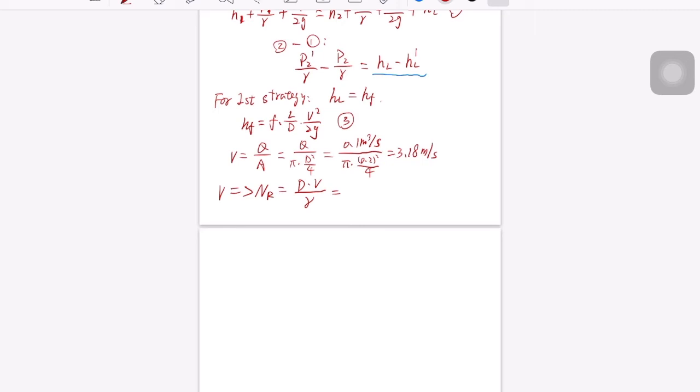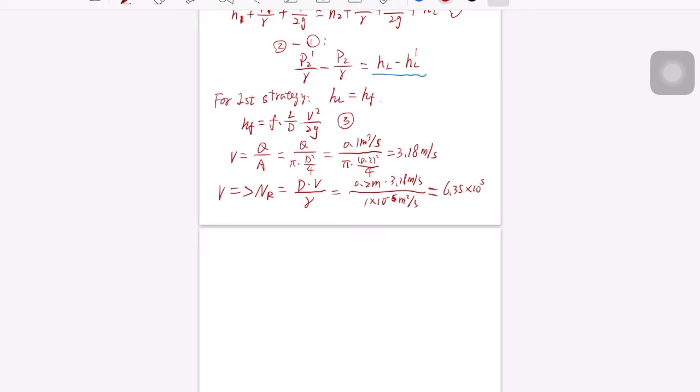So the value is 0.2 times 3.18 divided by 1 times 10 to the negative 6 square meter per second. So this value is 6.35 times 10 to the power of 5.